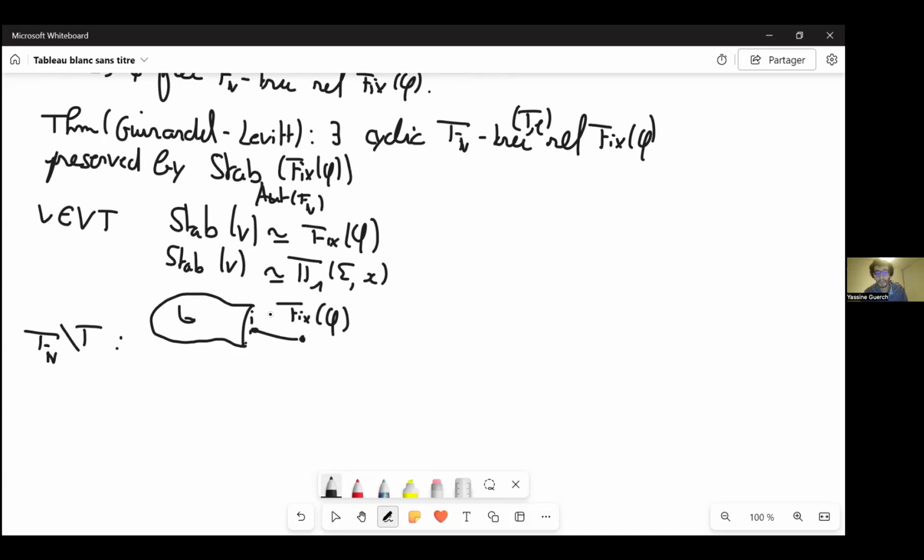Each edge group, the stabilizer of each edge, is isomorphic to Z, and it embeds in a boundary component of the surface. So you can have several edges adjacent to the boundary component of the surface, and you can have other surfaces.